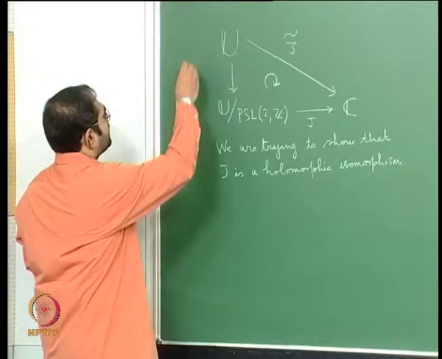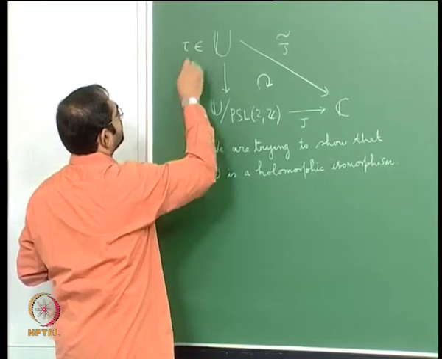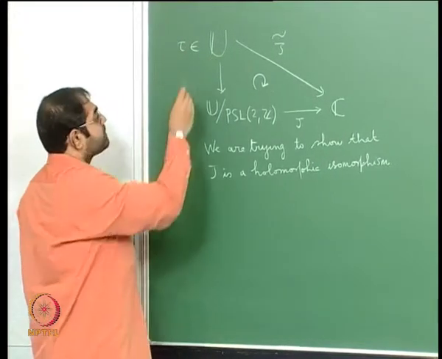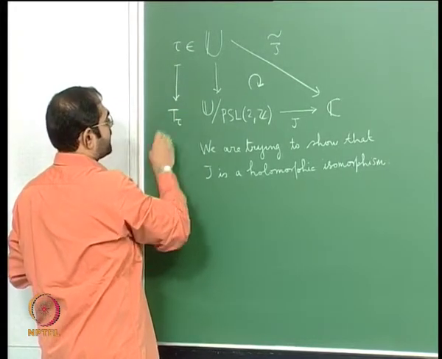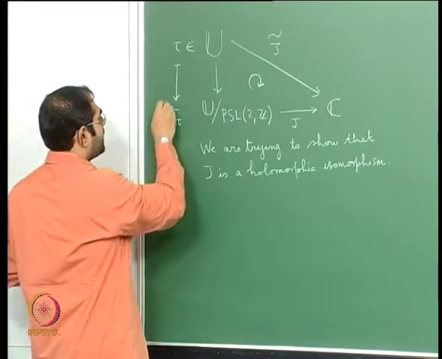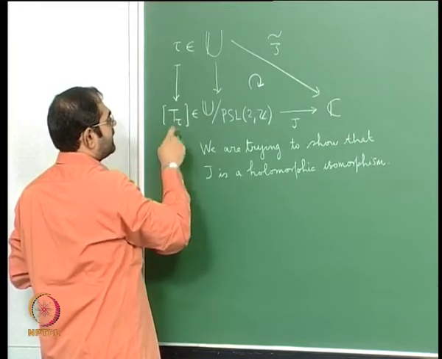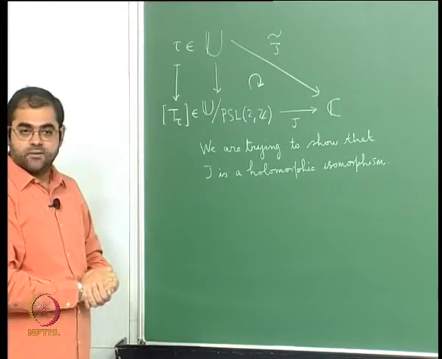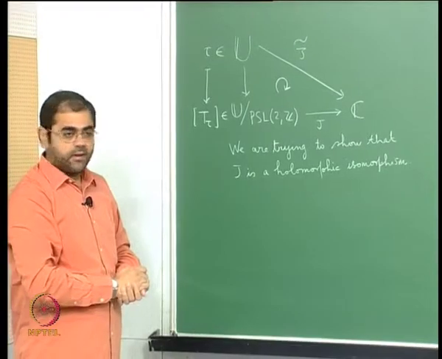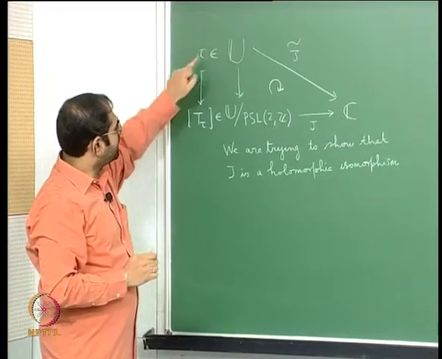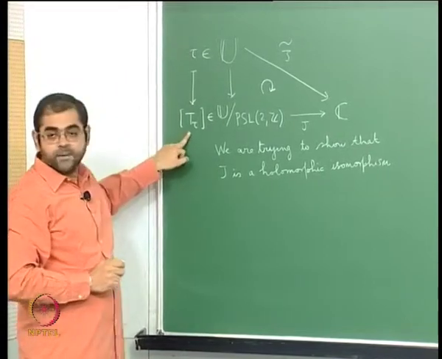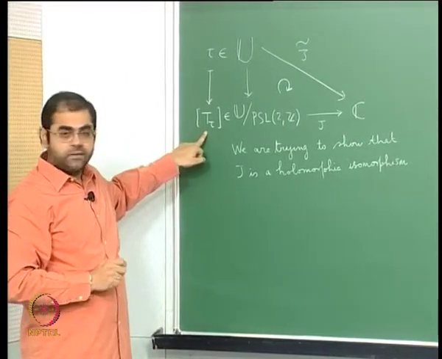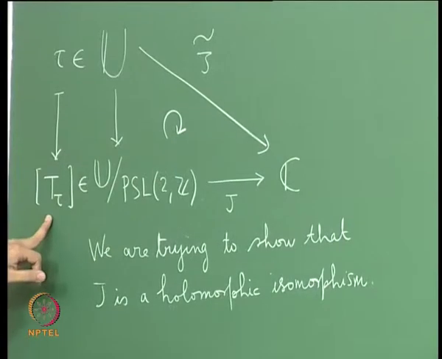So if you take a tau in the upper half plane, then you take the corresponding complex torus defined by tau, and you take its isomorphism class, that corresponds to a unique orbit of PSL2Z, and this map that takes tau to its orbit can also be thought of as the map that takes tau to the holomorphic isomorphism class of the complex torus defined by tau, okay.